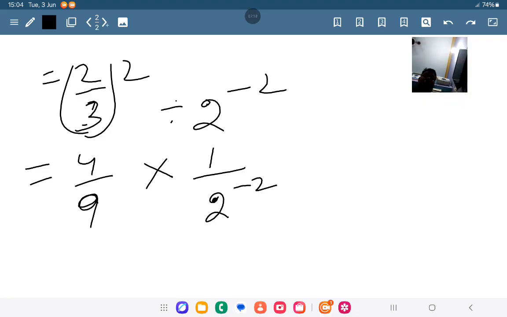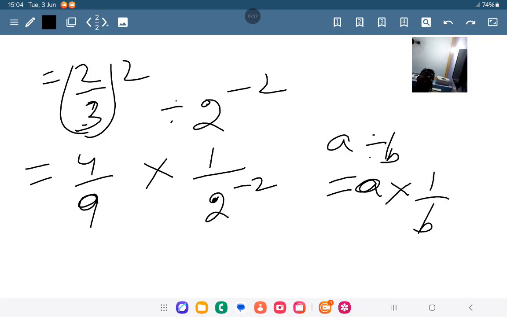You know, a divided by b is equal to a into 1 by b. Similarly, here if I give the into symbol, then this number will be in its reciprocal form. So 1 by 2 to the minus 2. So 4 by 9 into 2 to the power 2.